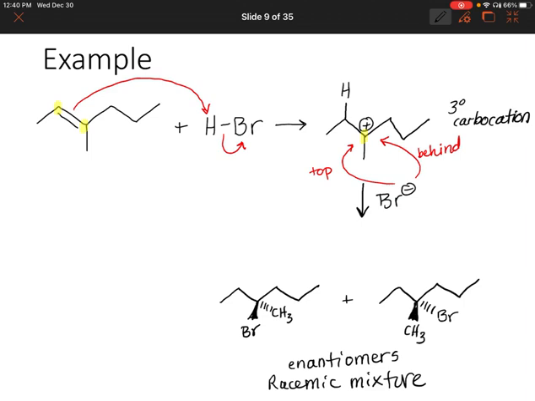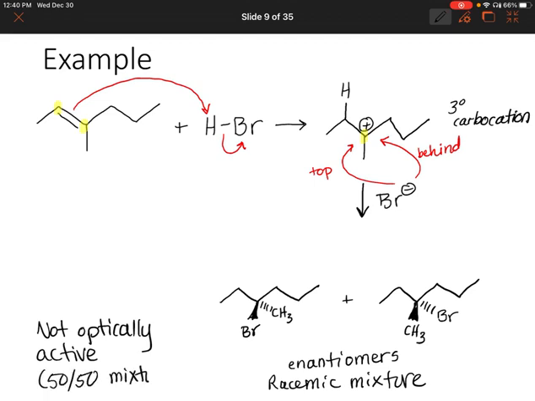So remember in 261 we talked about polarimetry, and we said that if you have a perfect 50-50 mixture of enantiomers, any optical rotation that they do have will cancel each other out. So this is not optically active because we have a 50-50 mixture, a racemic mixture.